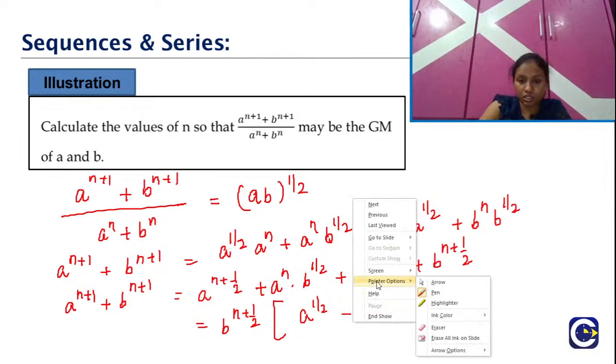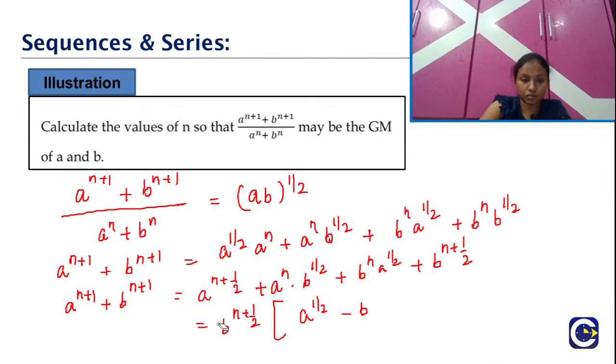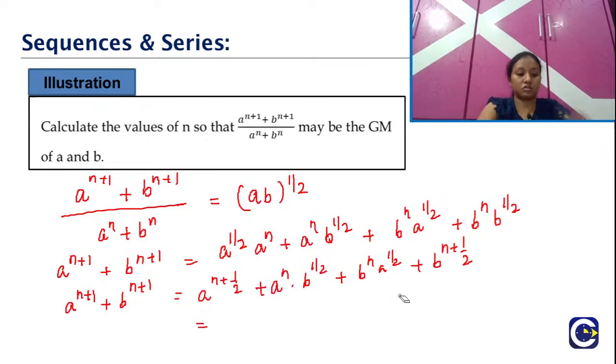So let me make it easier. So far we have rewritten them in terms of our powers. Now I can bring all my a's to one side and b's to the other side.